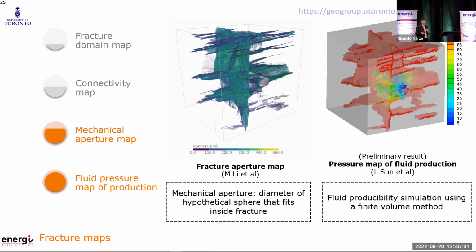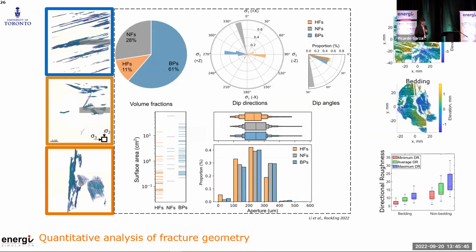And potentially we think we can use this type of information to upscale our learning to be used in classic reservoir simulators. Now, we can do much more. We can look at, for example, the aperture distribution.